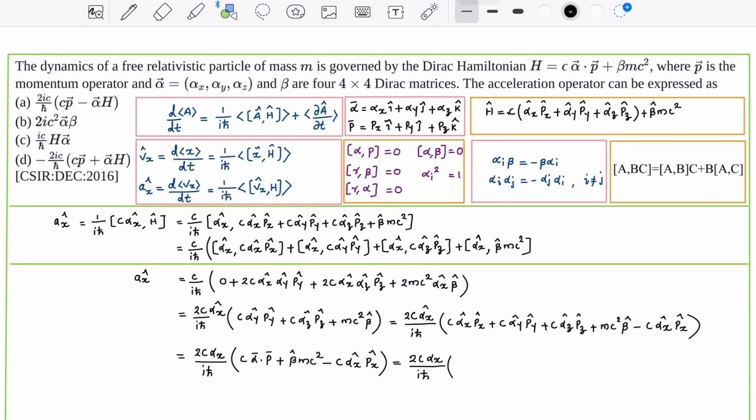Therefore, the acceleration operator becomes 2c alpha x by i h bar, then H minus c alpha x px. This is equal to 2ic by h bar, then c alpha x square px minus alpha x H.